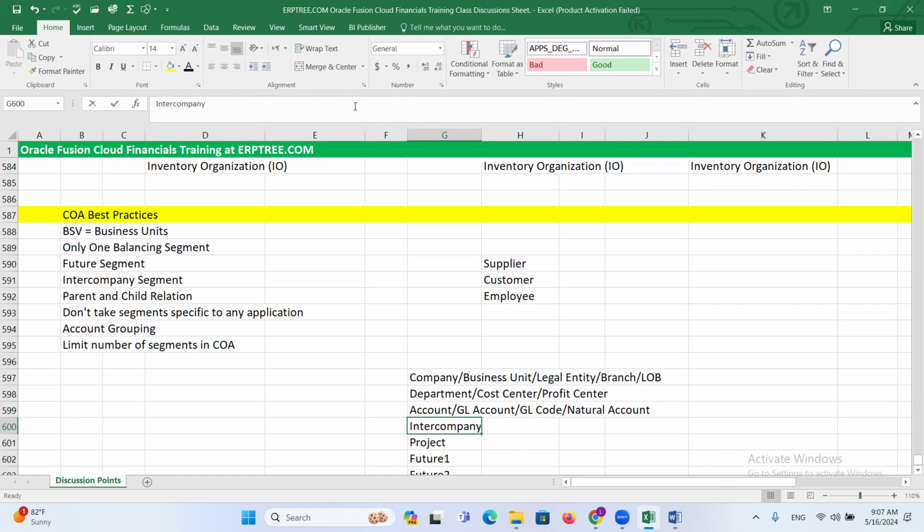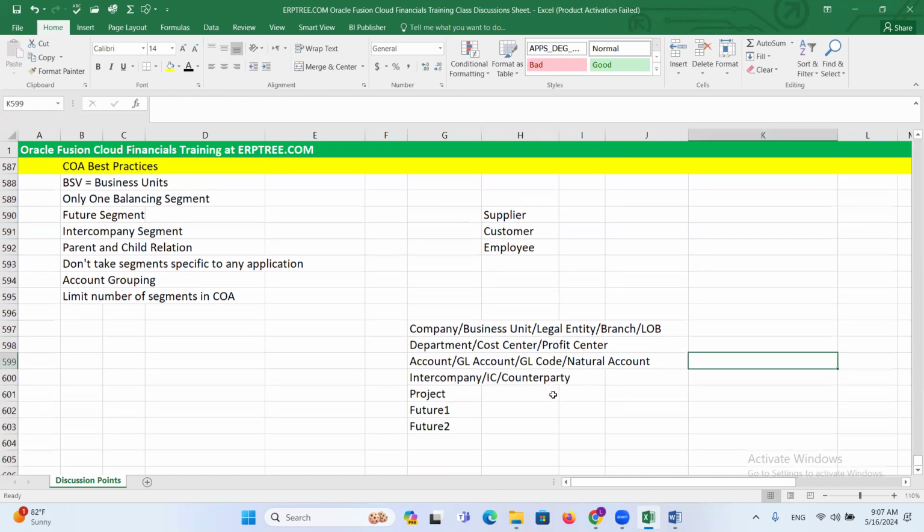And for intercompany, sometimes the client will prefer to have just ICO. In some projects, the client will prefer a name such as counterparty. And instead of future, you can just see buffer 1, buffer 2 also.